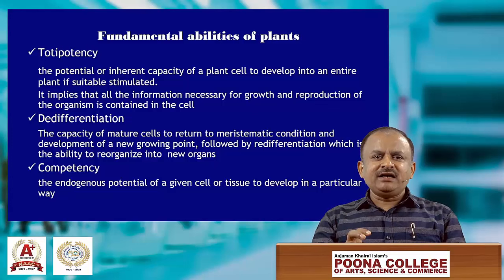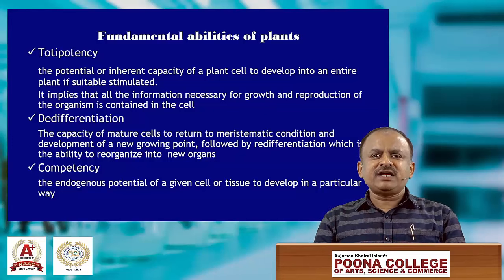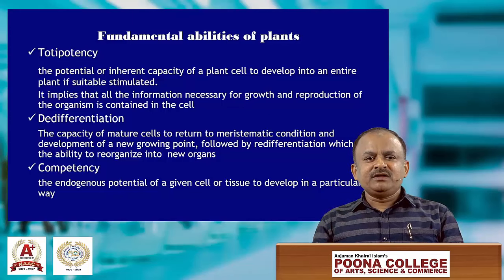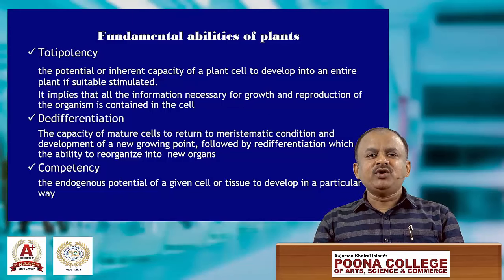One more concept to consider for plant development is dedifferentiation: the capacity of mature cells to return to the meristematic condition and develop a new growing point, followed by redifferentiation, which is the ability to reorganize into new organs.